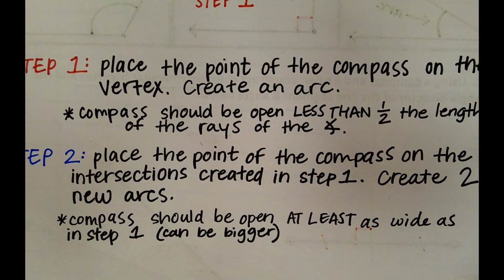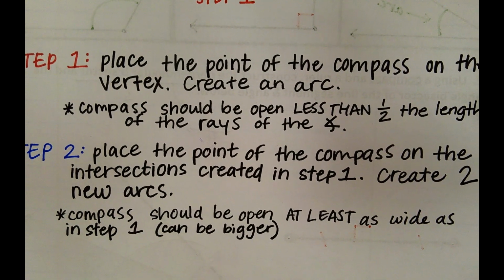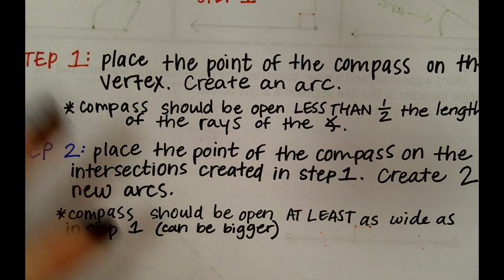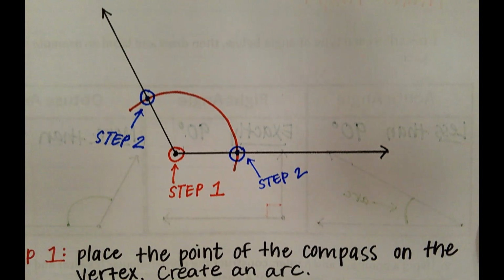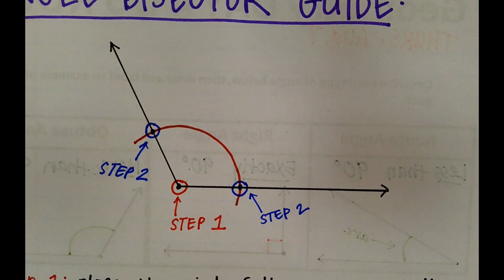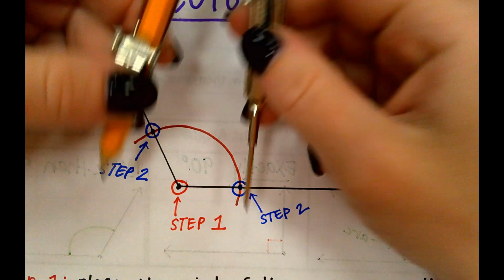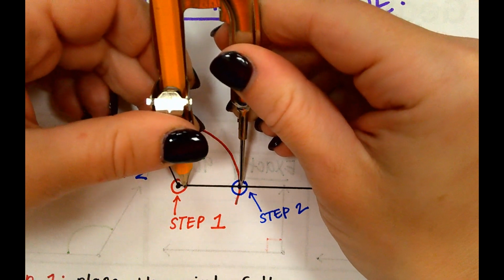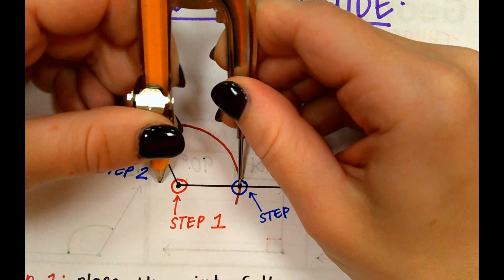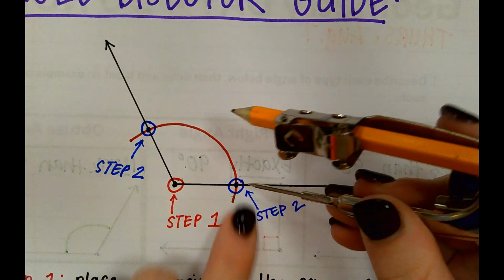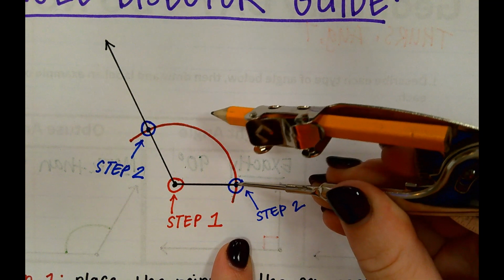Okay, so I'm going to demonstrate step 2 now, and if you're not done writing, I'm going to come right back to this. So let me just scooch it up for just a moment. So I'm going to take my compass, make sure that it's open as at least this big, but I'm going to go just a little bigger just for fun. And it should go on this point here.